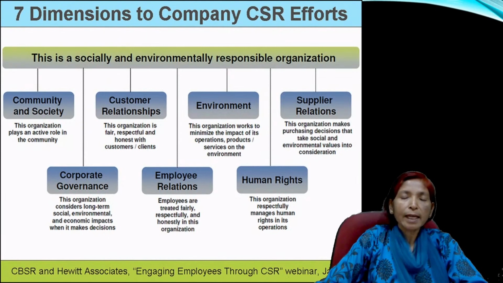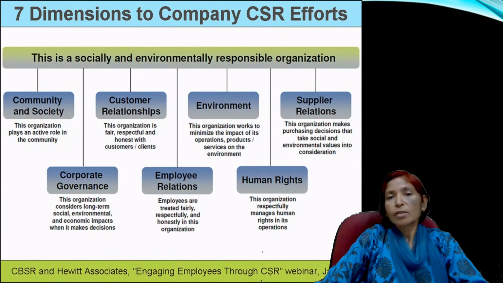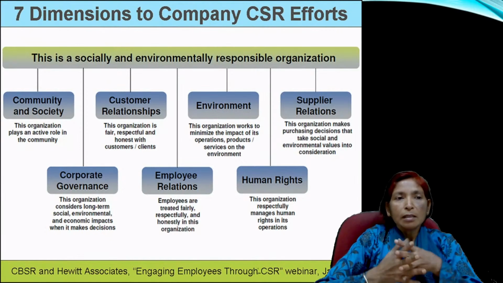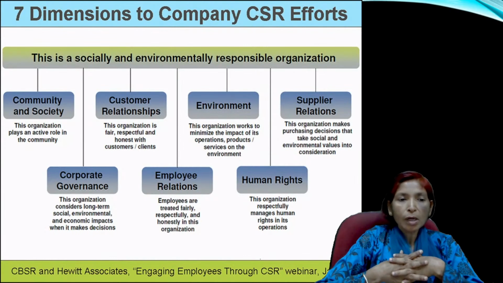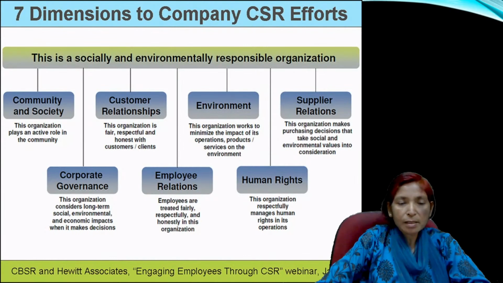This is a socially and environmentally responsible organization. If an organization is responsible towards the environment and the whole society, then definitely a company should perform its duties towards the whole community, towards customers, community and society.